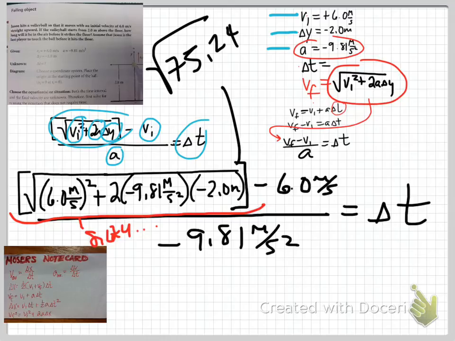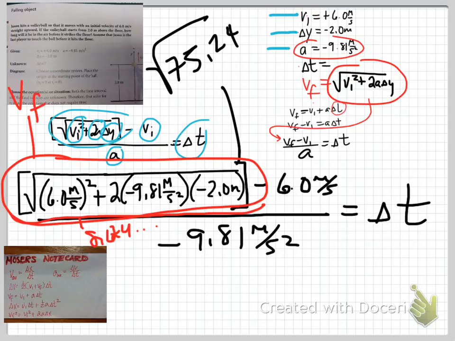So you have to remember that this quantity here is your VF. What value did you get? 8.67 something. What direction is this ball traveling when it hits the ground, at its final velocity? Down.